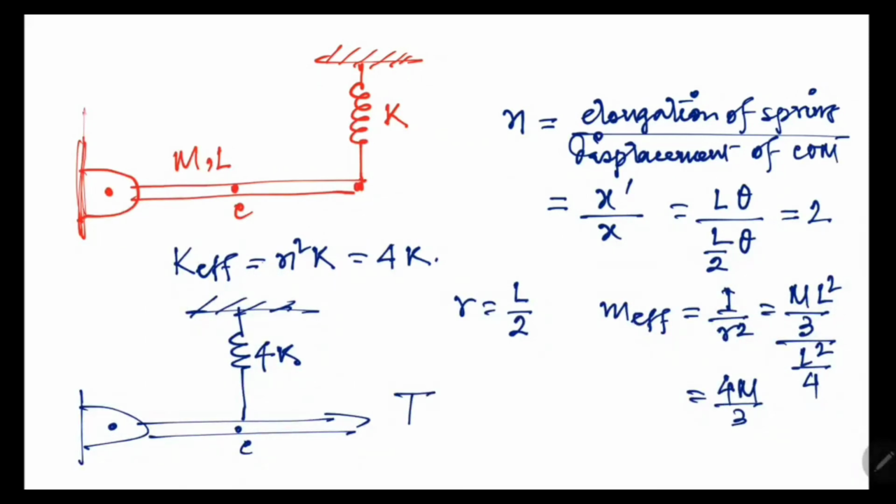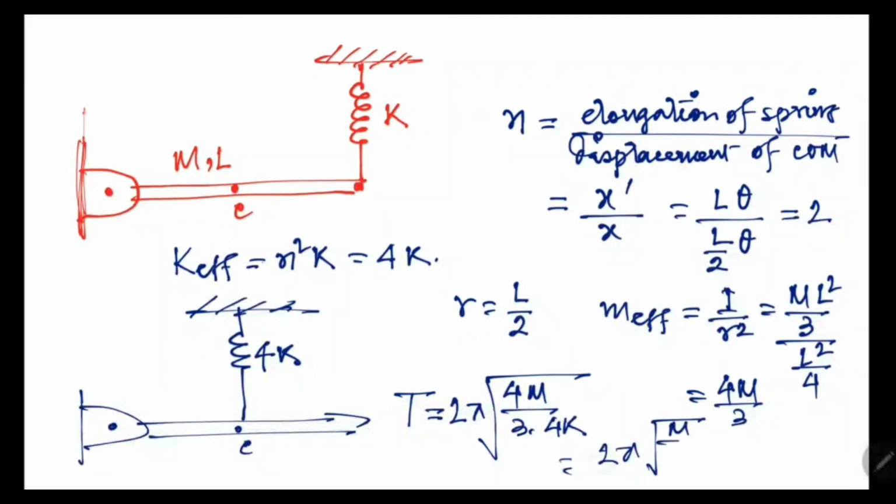That means time period is 2 pi into root over effective mass by effective spring constant, that is root over 4m by 3 into 4k, that is 2 pi into root over m by 3k. This is the time period of the rod.